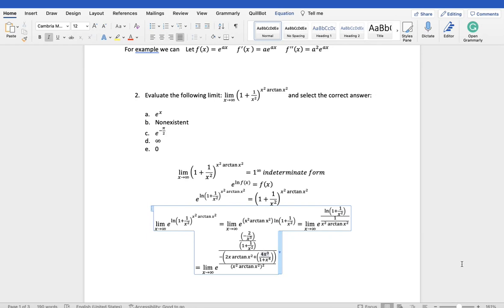So I have 4 because I think the guy who just answered forgot to differentiate the function inside arctan, which is x squared.